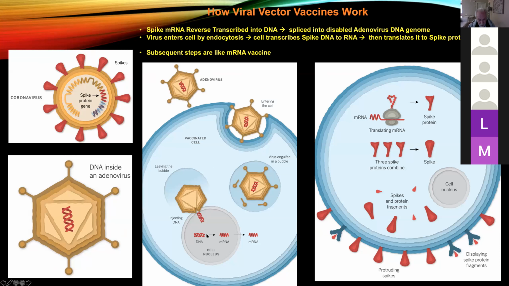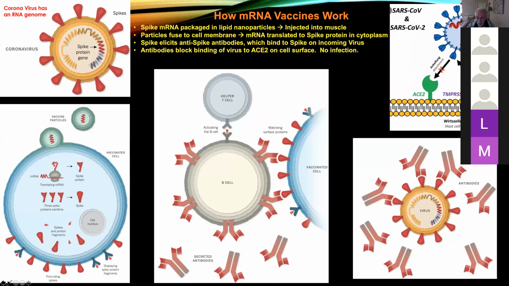And there it's transcribed to mRNA. Now you're back to the spike protein RNA. That RNA migrates into the cytoplasm. And from there, it's just like with an mRNA vaccine, where the spike is on the surface of the cell and everything after that is the same.